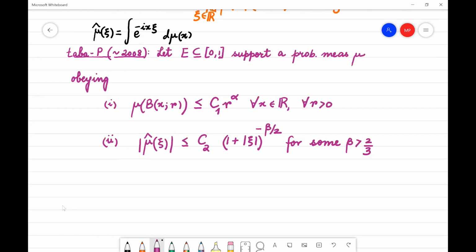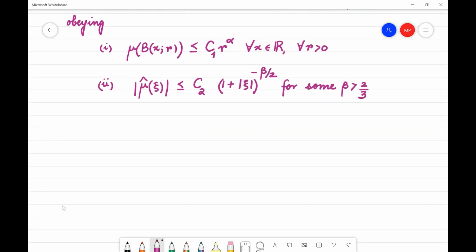Then the conclusion that we managed to find was that E contains a non-trivial three-term arithmetic progression. So this was our result.